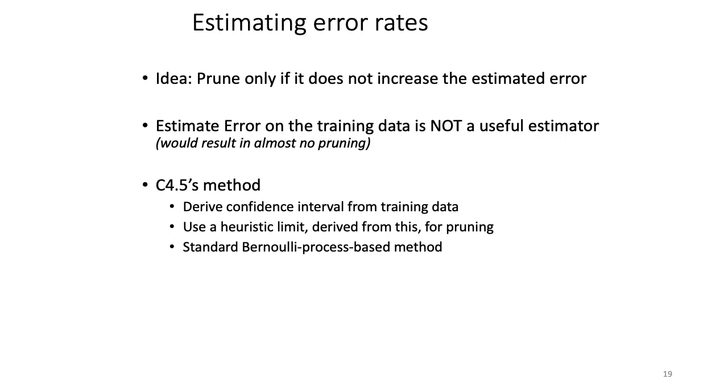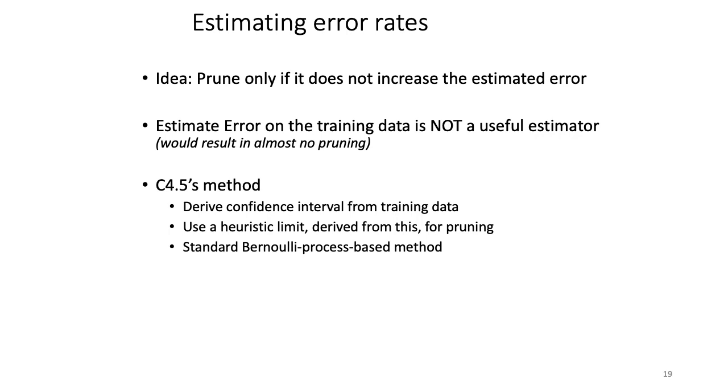So it's just an overly complex tree for no additional benefit. So we decide to prune it. Now, if the error increases, and that's what we do not want, then we decide not to prune that subtree. There are statistical methods that C4.5 uses to estimate and calculate the error, but we're not going to go into much detail about that.